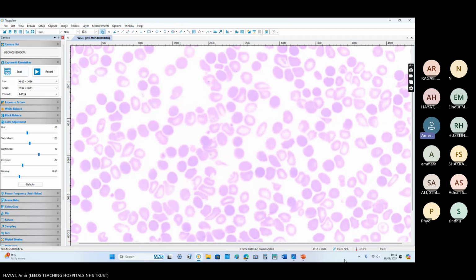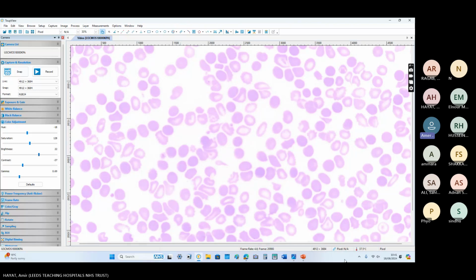She was on a transfusion program back in the home country, but she does not have any files or cards with her to tell you what the diagnosis was. Her blood film is in front of you.